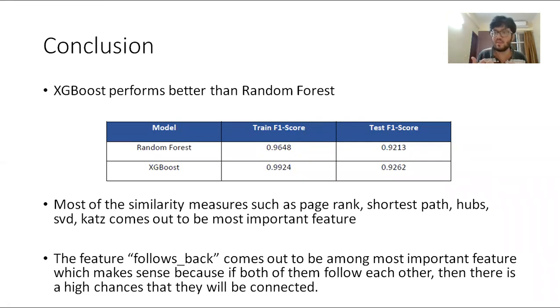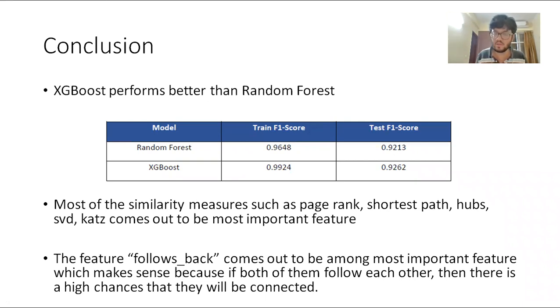And that is why we can say with reasonable confidence that our prediction algorithm for Facebook friends has been a good one. And as we discussed in the previous two slides, measures such as PageRank or Dijkstra algorithm based shortest path computations, or hubs or SVD or CAD are coming out to be very important features.